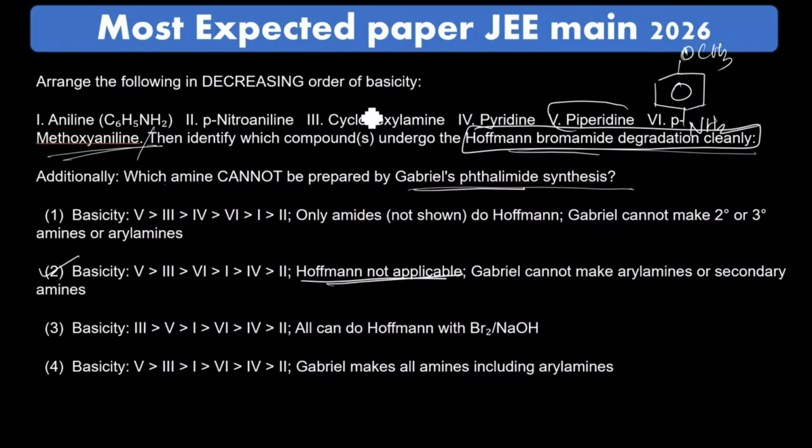Then comes third, cyclohexylamine. Then fourth, pyridine. And then comes aniline, para-nitroaniline. Para-nitroaniline has a nitro group which is electron withdrawing, so that must be your least one. Easily available lone pairs will make it largely basic. If it is undergoing resonance, then the basicity will get decreased.